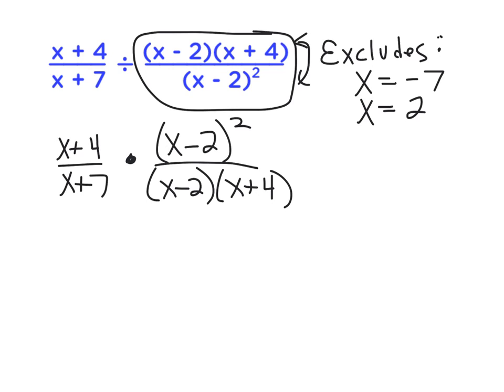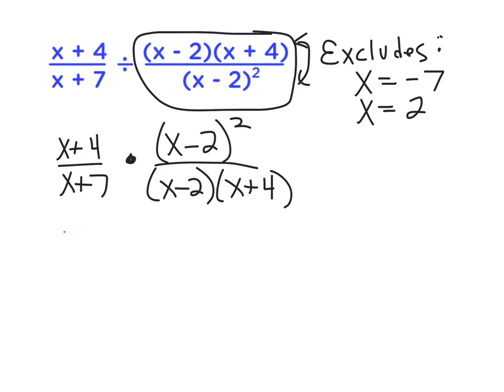So now that I've turned it into a multiplication problem, I need to start looking at things I can cancel. I can see right here that I've got an x minus 2 on top and bottom, but first I have it squared. So I'm just going to rewrite this one more time.